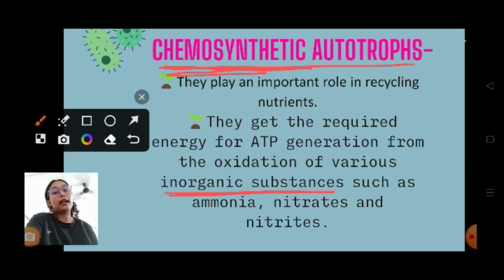In autotrophs, they gain energy by doing photosynthesis, but here they gain energy from inorganic substances like ammonia, nitrates and nitrites.